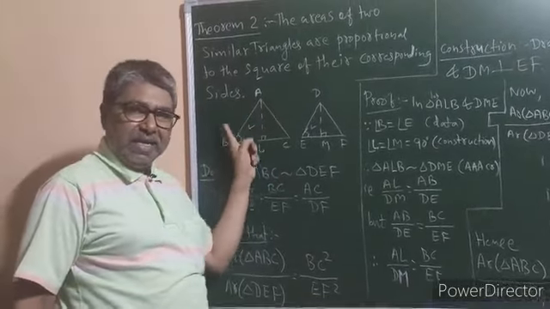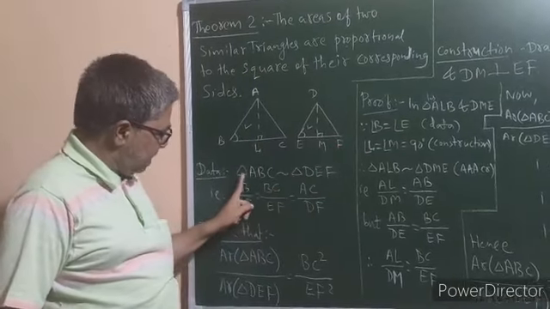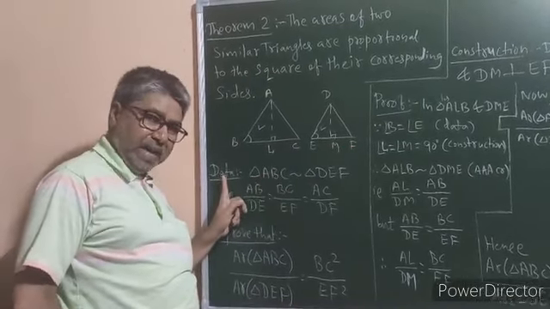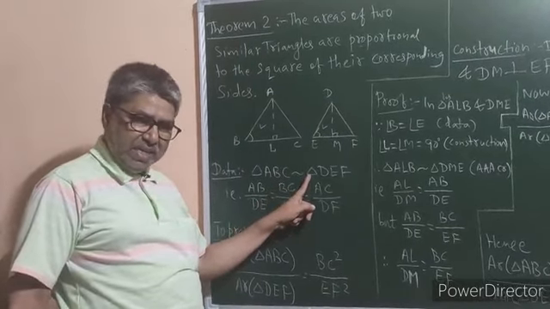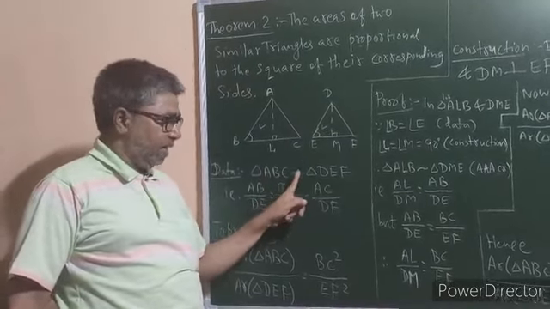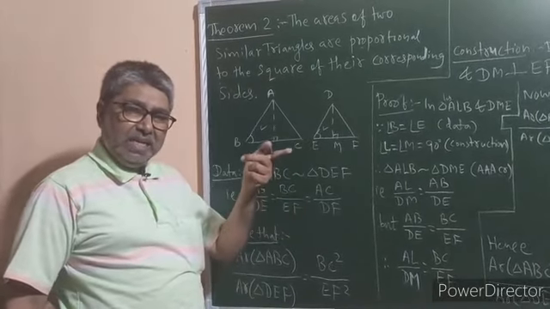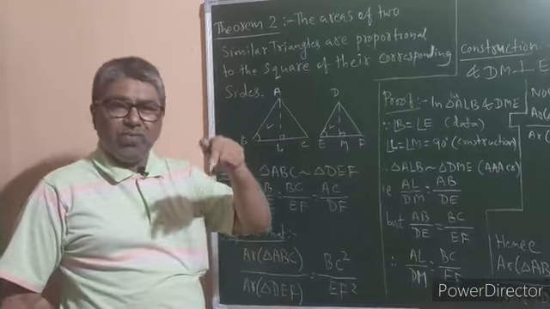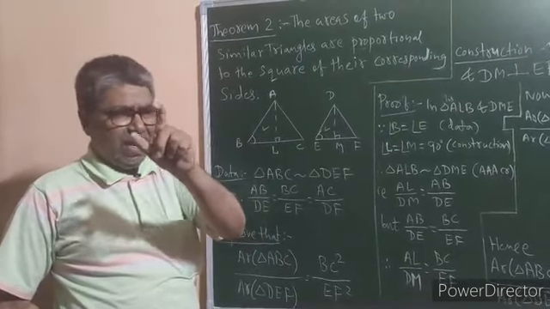Draw two triangles, triangle ABC and triangle DEF. Given: triangle ABC is similar to triangle DEF. When the triangles are similar, then according to the definition of similarity of triangles, their corresponding sides are in proportion.